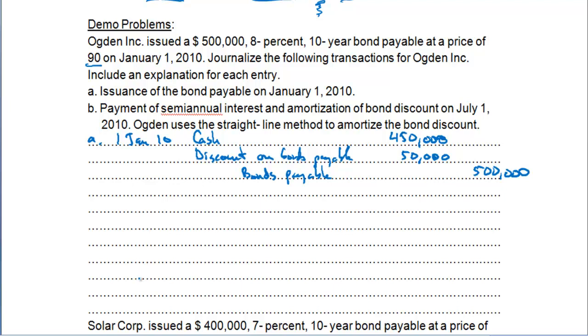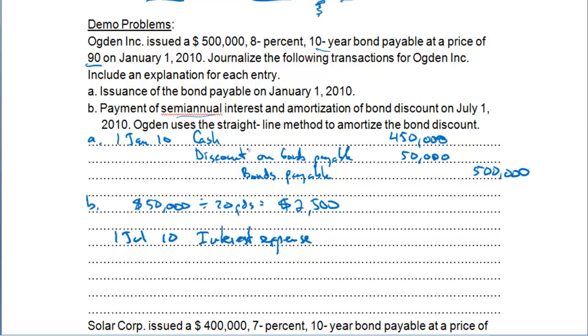Okay, and so now the amortization of the interest. Let's see, it's a 10-year bond. We're going to assume semi-annual interest payments. So 10-year bond, semi-annual, so there are 20 periods, and the discount is $50,000. So 50,000 divided by 20 periods is equal to $2,500 per period. And therefore, the interest on 1 July 2010 is going to be interest expense, and then the discount.